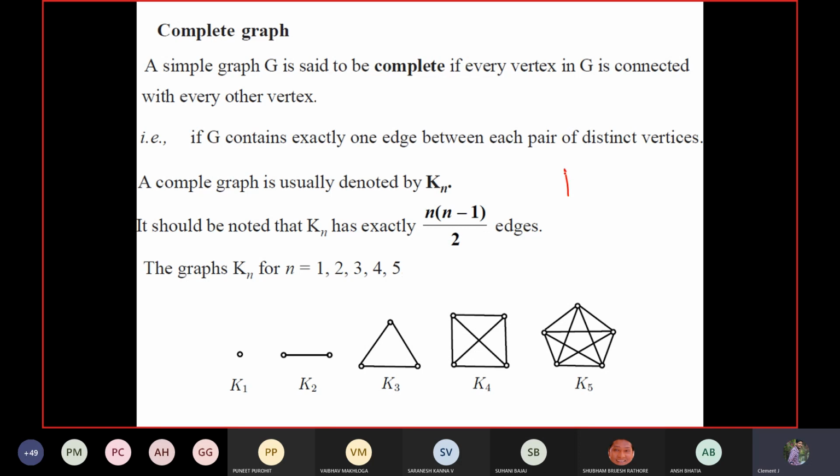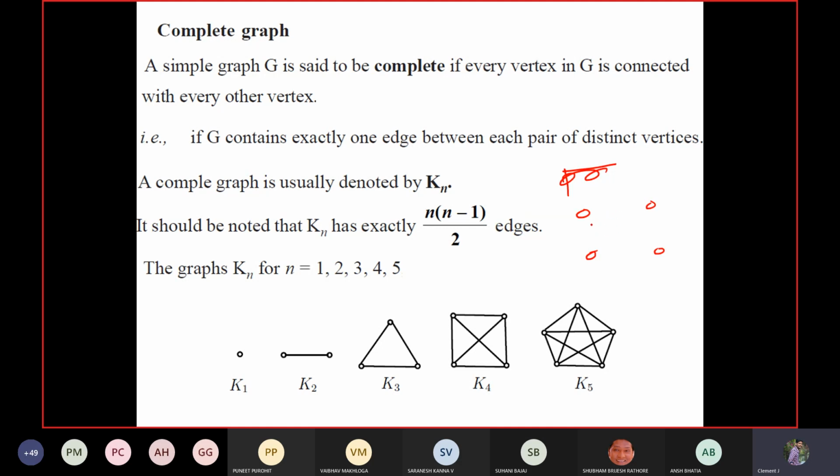For example, I can consider one null graph, from which I'm going to derive the complete graph. Initially I can consider this as a null graph. If you consider just isolated nodes, this is a null graph, right?